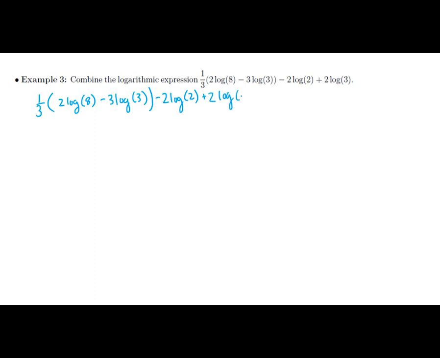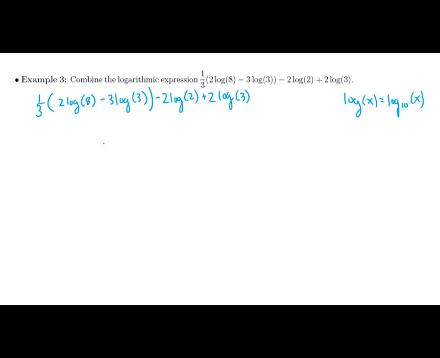And let's just remember that when I don't have a base specified, that means that the base is 10, right? So over here, log of x just means the log base 10 of x.